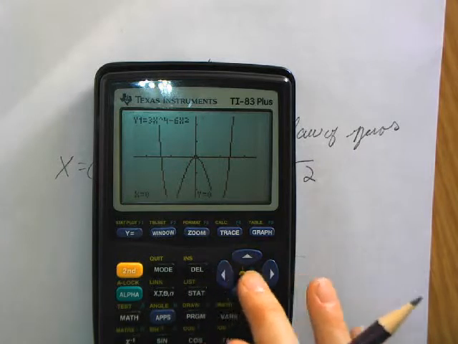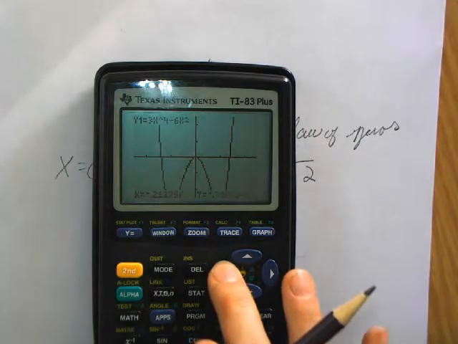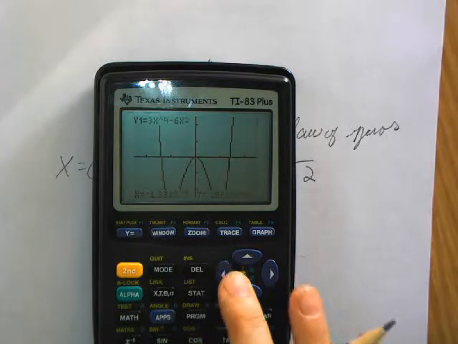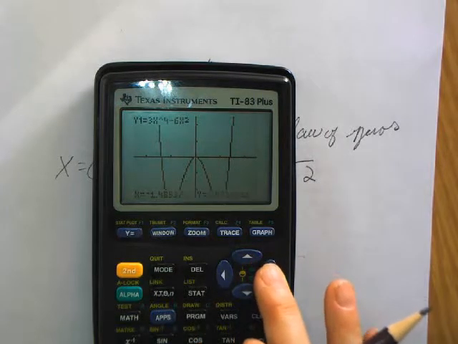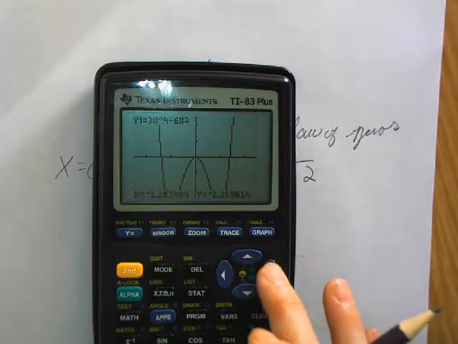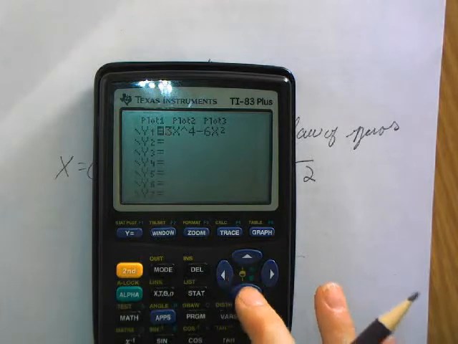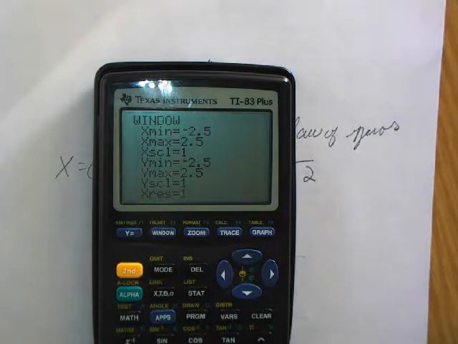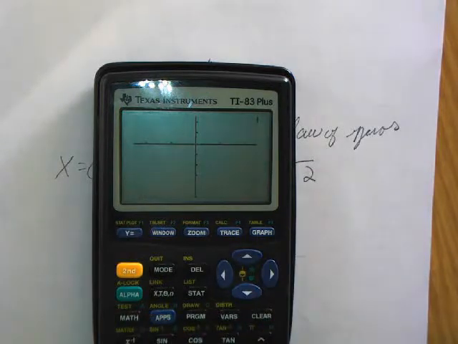If you can see my little spider there, it is first decreasing. It's first decreasing from negative infinity to, and then actually let me make my y go a little bit farther down. Let's try negative 5.